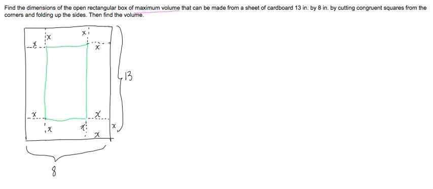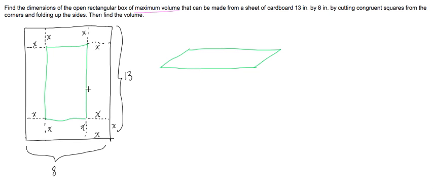And then it becomes a little bit easier to write the dimensions of the box. Let me draw the box, kind of more of a bird's eye view. So there's the long side. This is the base there. So this side, if we take out x and x from that and that, then what we're left with, if this whole length is 13, we're trying to find this length in terms of x.